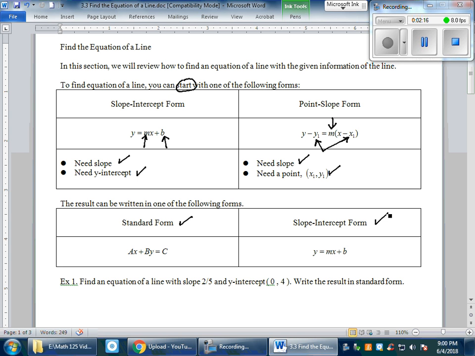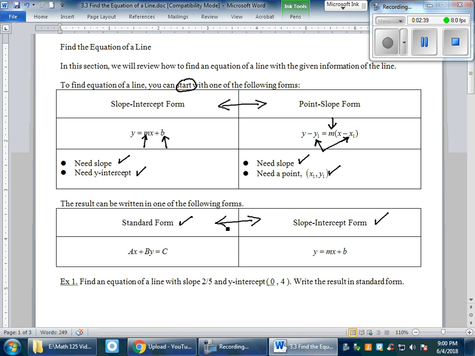So this is what you need to remember. To start the equation of the line, we will use either one of them depending on the given information. And after we use one of the formulas to start, we're going to simplify to get into one of these formats, whichever the question asks you to do.